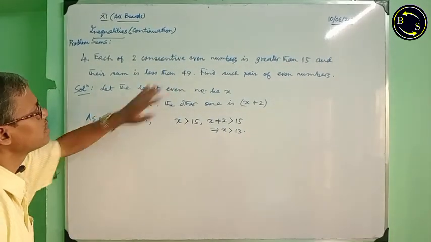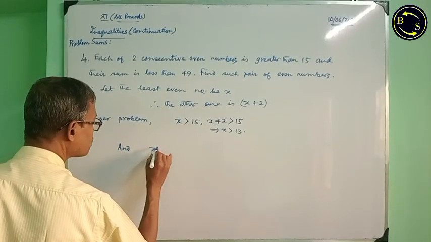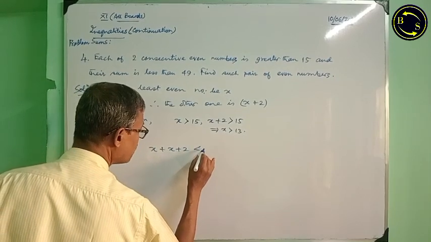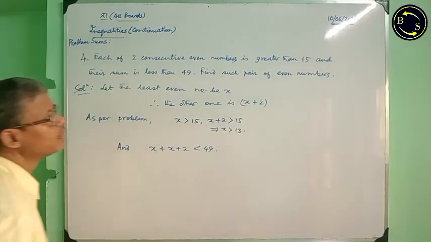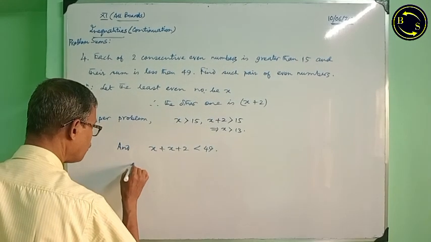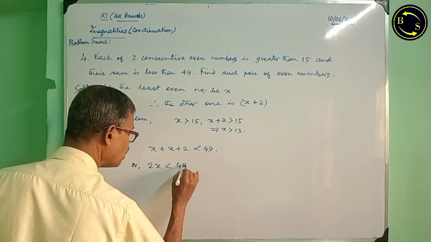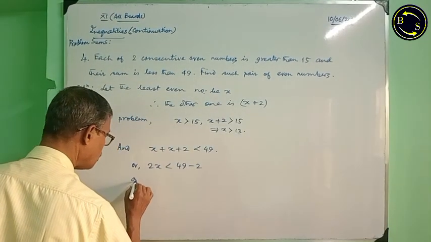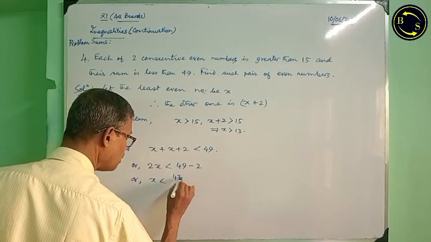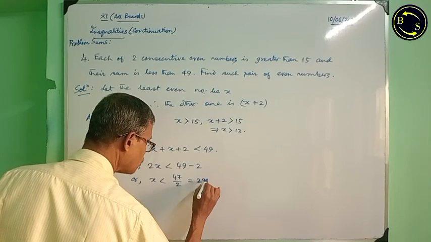Now sum is less than 49, and x plus x plus 2 less than 49. Now we solve this one, or 2x less than 49 minus 2, or x less than 47 by 2, that is 23.5.